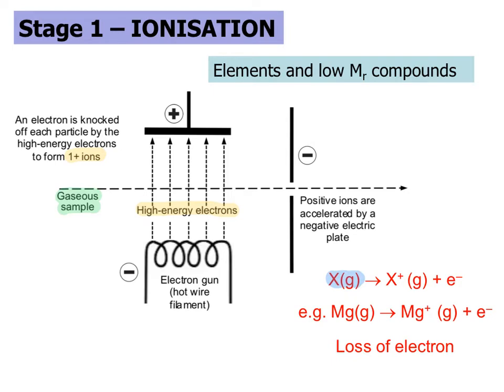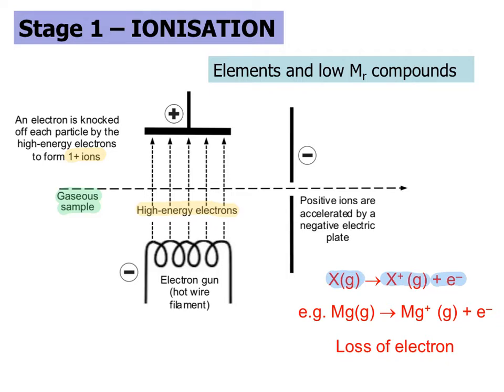We knock an electron off, so we make a 1+ charge gaseous particle, and of course we have to balance our equation. Every equation must be balanced both in terms of the numbers of each element, but also in terms of charge. So we've got our electron there, and if you think about it, that's exactly the same equation as for the first ionization energy, although that's not what we're looking at here.